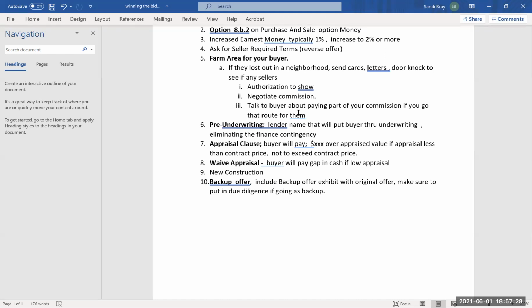They may say, oh, you mean I don't have to beat back buyers to get the house? Sure, I'll pay you 2%. So talk to your buyer about that. And say, listen, I'm going to try to get the seller to pay it, but if they don't want to come up with a full 3%, are you willing to pay me something for that effort?